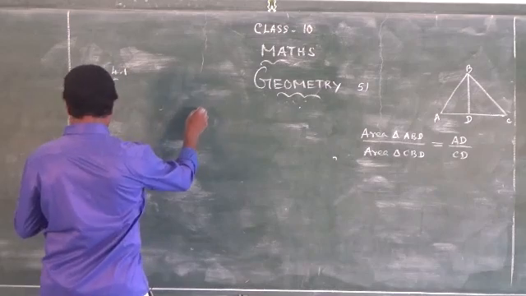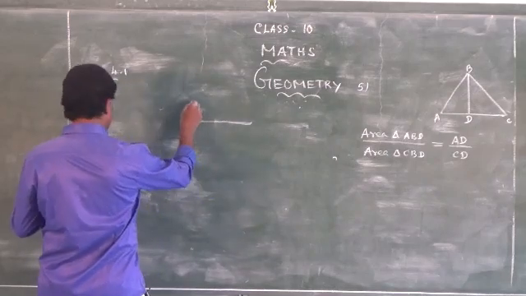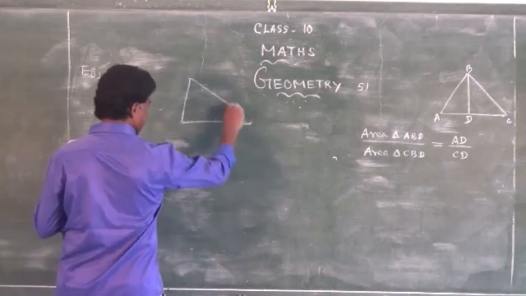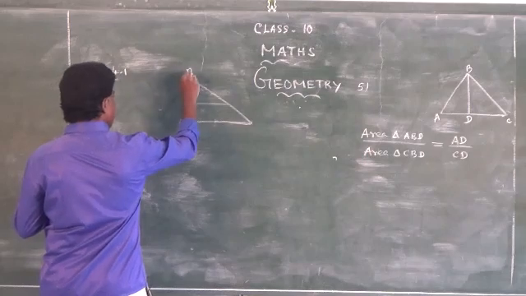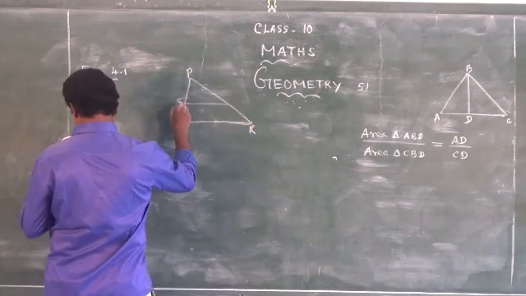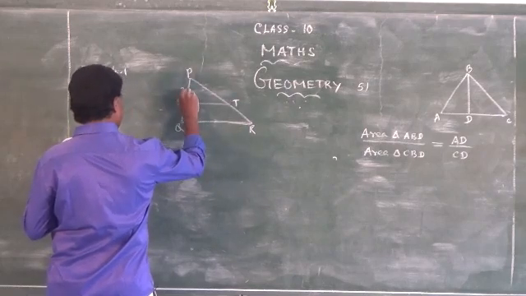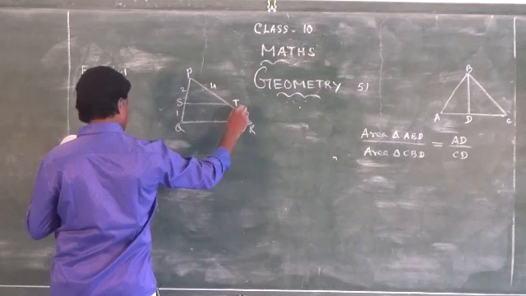A diagram is given with points P, Q, R, S, T, and some values are given: 2, 1, 4, 3, 2.